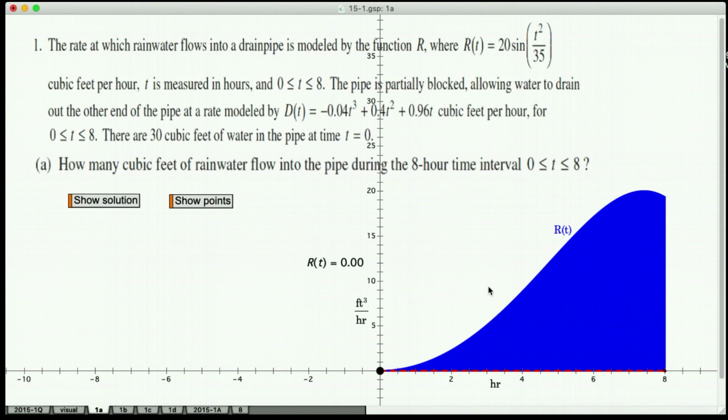If I just eye up a rectangle quickly, the height over the same base from 0 to 8 would be about 10. That rectangle would have about the same area as under this curve. So the estimate of the volume of water would be about 8 times 10, which is 80. So my answer is going to be about 80.